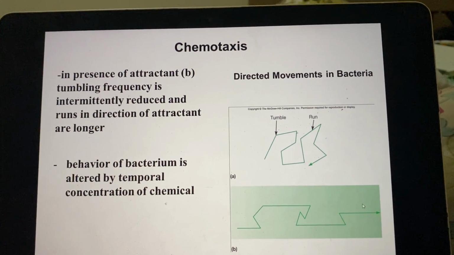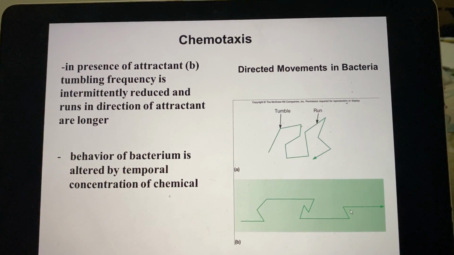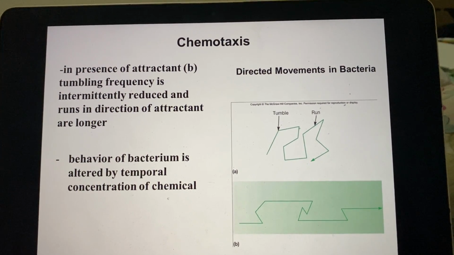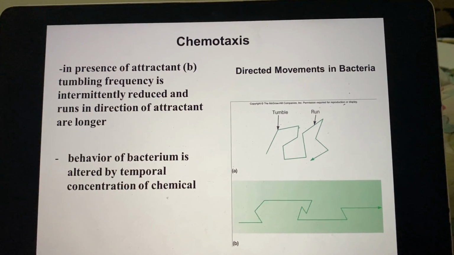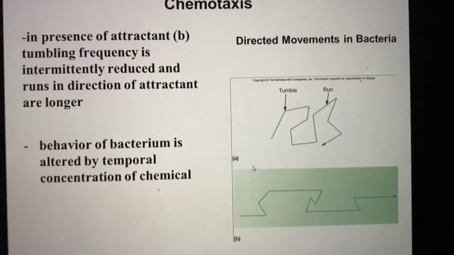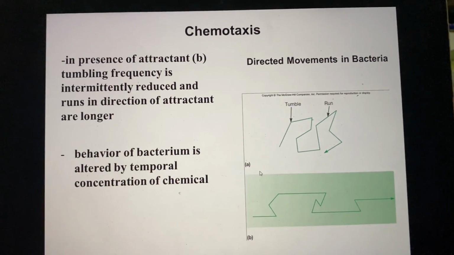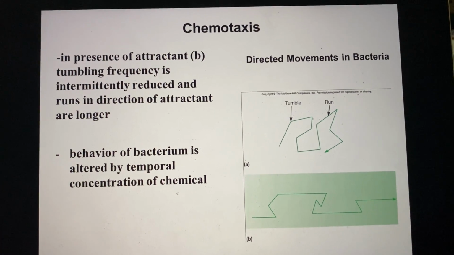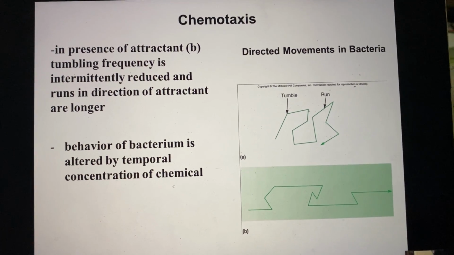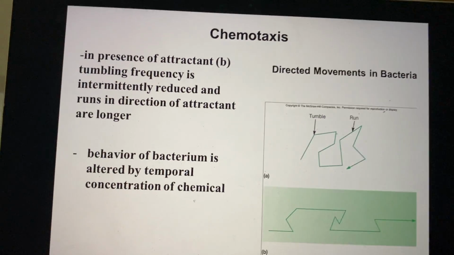This behavior of the bacterium is altered by the temporal concentration of the chemical which may be present in the surrounding. So it's still using the same clockwise or counterclockwise rotation of the flagellum, yet it can achieve chemotaxis and gauge the presence of a chemical compound in various concentrations around it.